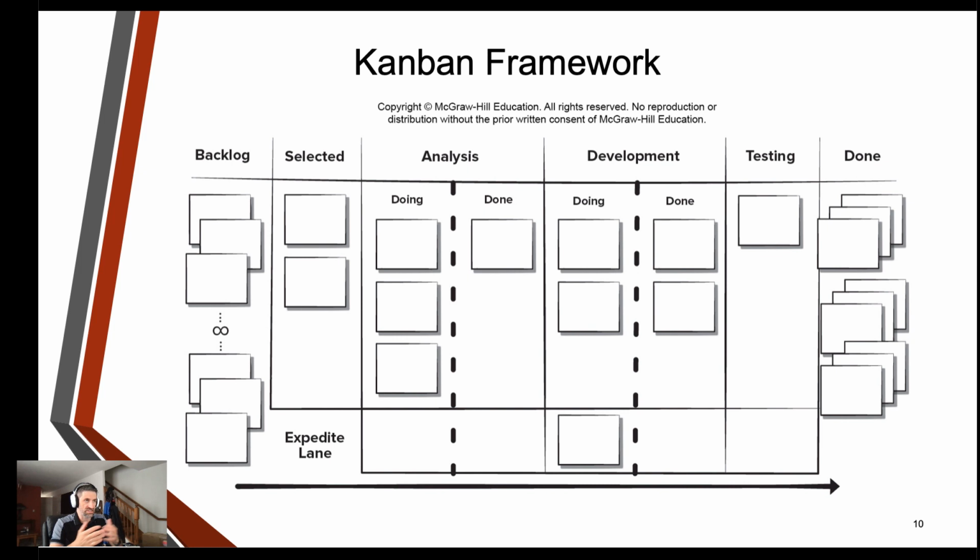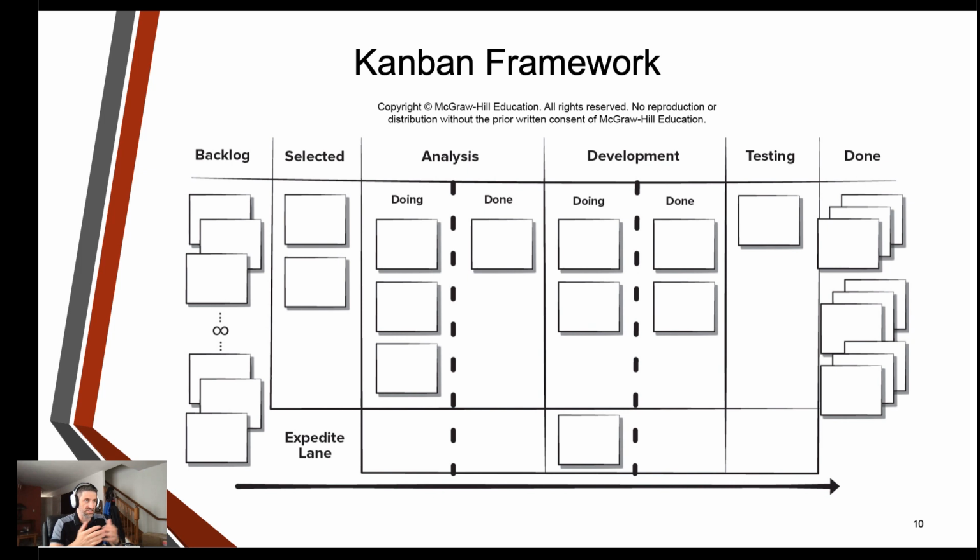All right. So Kanban, however you want to pronounce it, is going to give us this framework that basically uses this type of project board where we have a backlog of items, and then we select items from our backlog, and then we perform analysis on them, whether they're in the doing category or they are done, and then development of doing or done, and then we test, and then we put them into done.